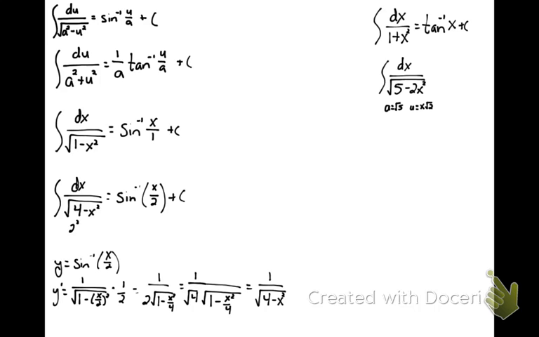So when we integrate, we're going to end up with the inverse sine of u, which is x times the square root of 2, over a, which is the square root of 5, plus c. And if we clean this up a little bit, we're going to end up with the inverse sine of x times the square root of 10 over 5 plus c.